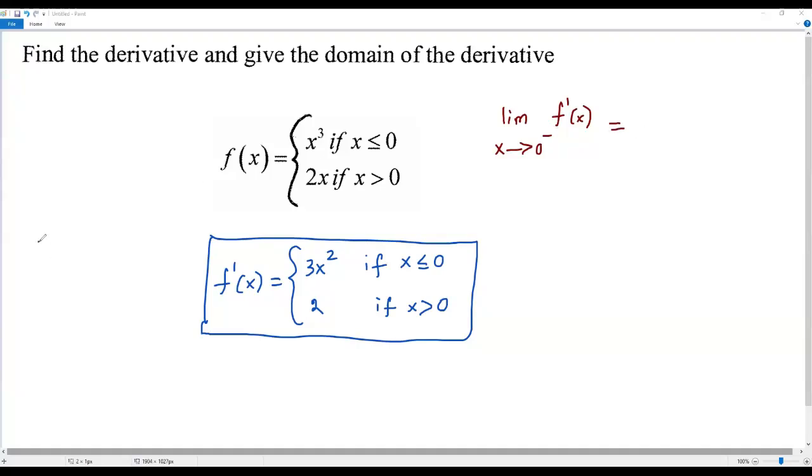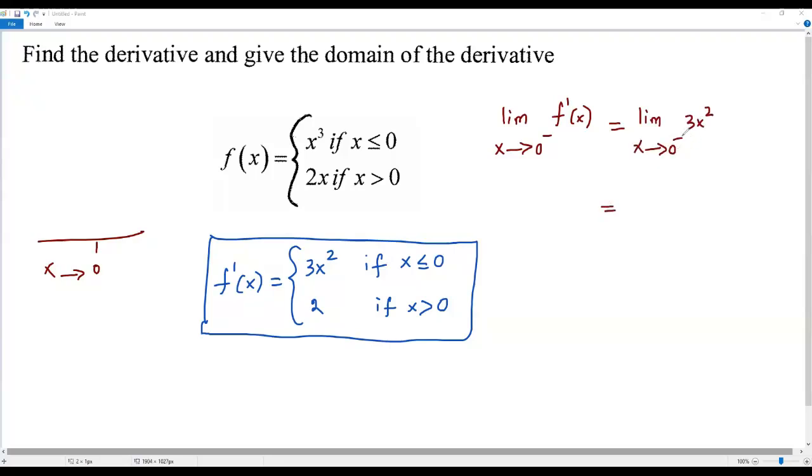Okay, so when x approaches 0 from its left side, all the values of x over here are less than 0. Then we have this condition. What do we have to take for f prime of x? When x is less than or equal to 0, we have 3x square for f prime of x. So we can plug in this 3x square for this f prime of x over here. So limit x tends to 0 negative 3x square.